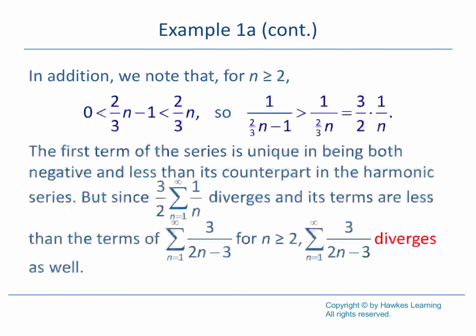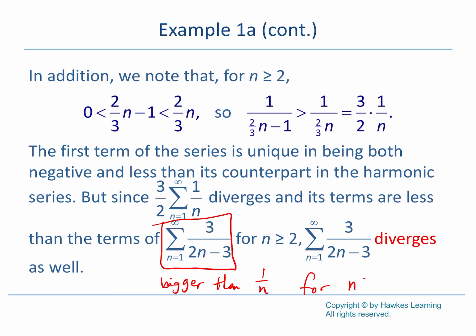It doesn't necessarily have to be for every single term, but for the direct comparison test, we need this series to be bigger than the harmonic series for all n past some number. So this happens to be true for n greater than or equal to 2. Yeah, and the algebra behind it is up at the top of the screen.